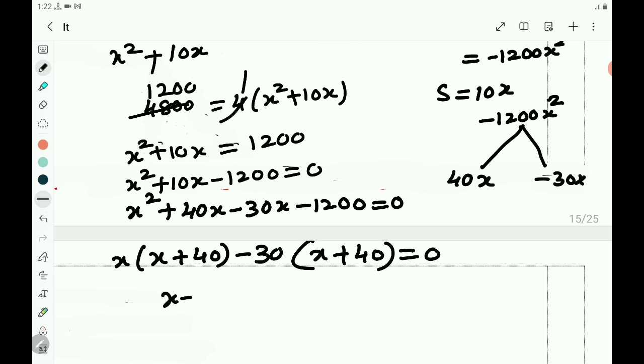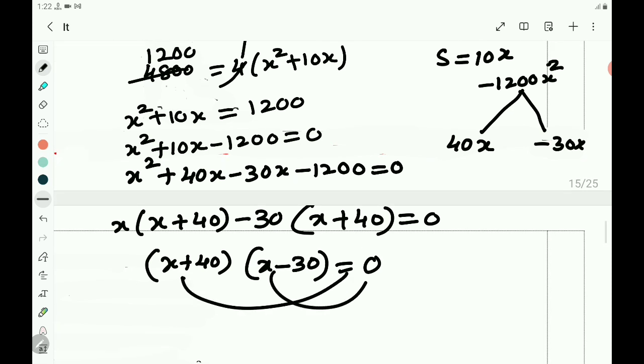Take x plus 40 as a common bracket; x is remaining in the first, and 30 in the second.